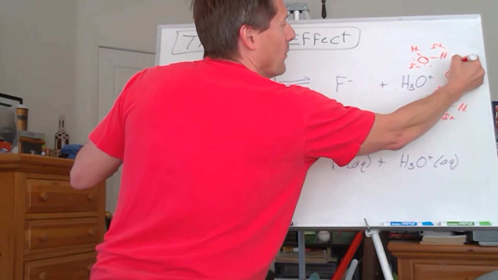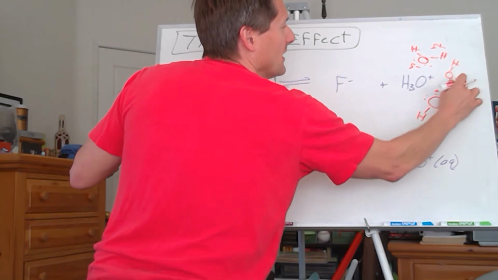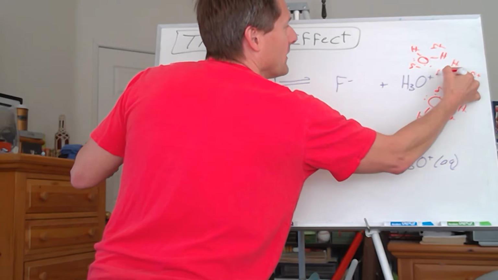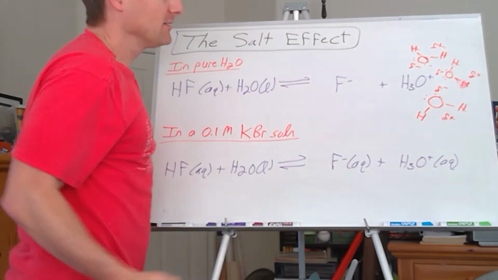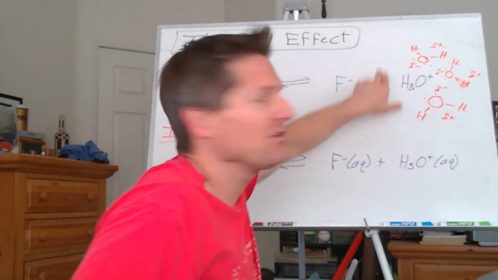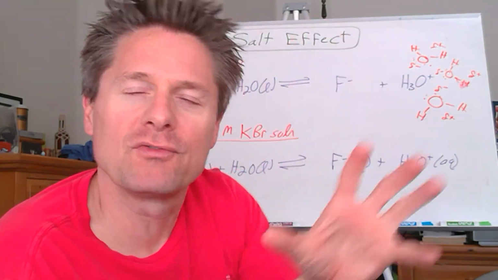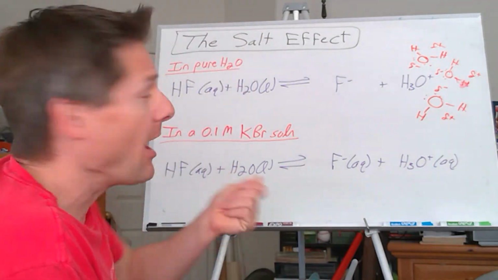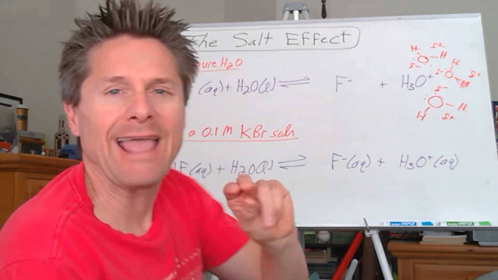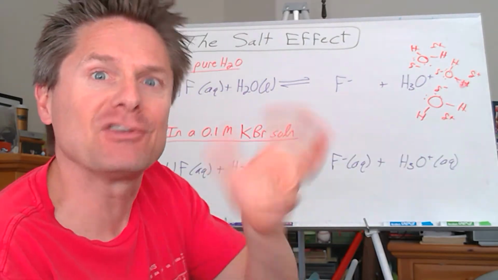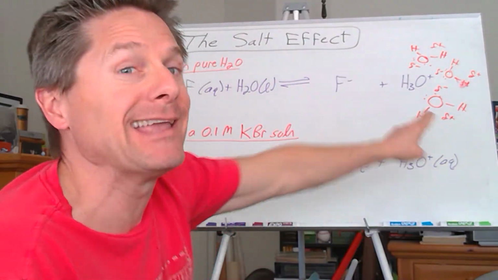I could keep drawing them over and over, but imagine a shell of these forming around it, a sphere of water molecules surrounding that hydronium ion. It's been solvated. That's what the AQ stands for, because we don't want to draw this all the time, so we just write AQ.